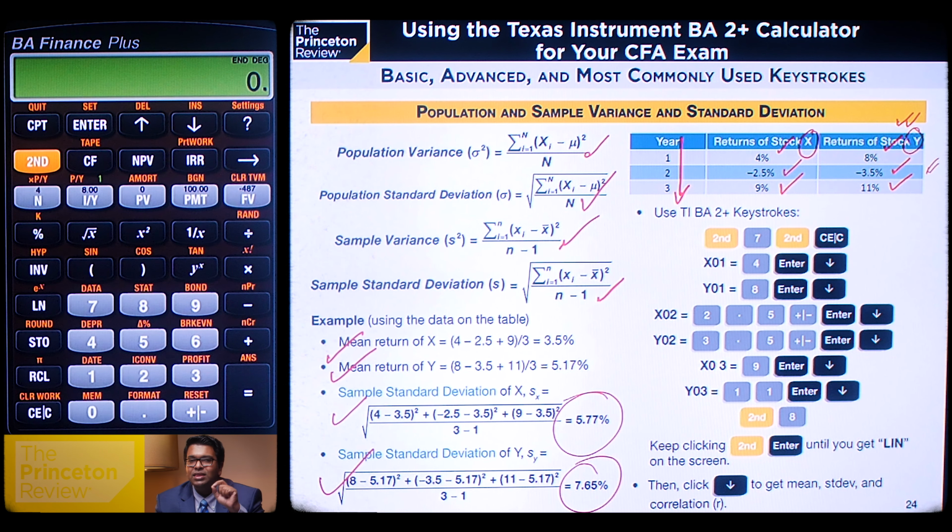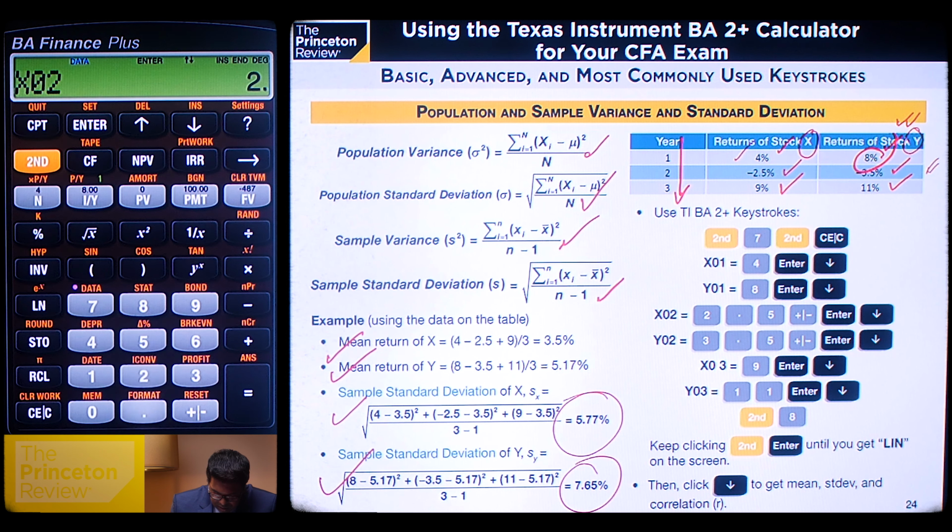First of all, we're going to plug in the data. We're going to click second data, and we're going to clear the work if you had any work saved before. It says X01, my first X is 4, so I'm going to enter 4, enter, down. Y01, pretty self-explanatory, 8, enter, down.